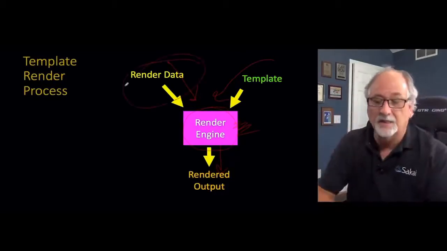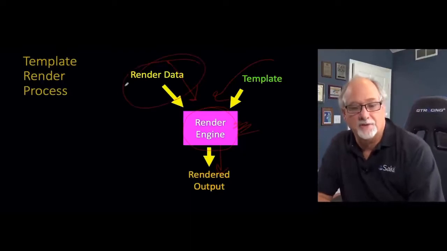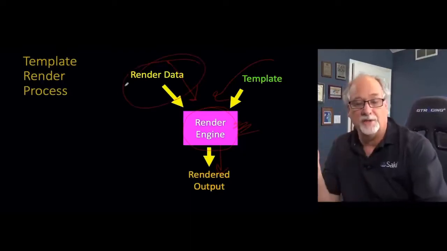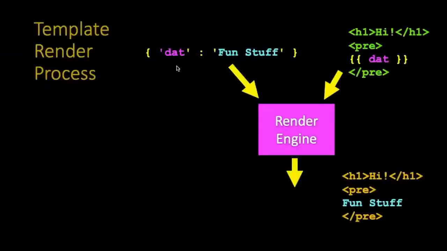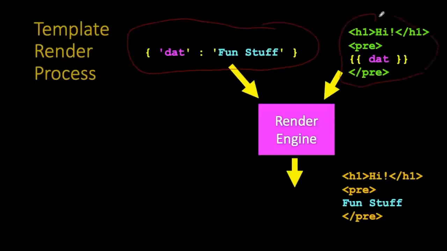Often the render data we're passing in comes from a model, for example. We might talk to a database, load up a bunch of rows, and then put them in. But in the simplest form, what we've got is a little dictionary. Call this the context; you could call it the render data. And then you have the render template. The render template is really HTML, and that's what makes it a lot easier to look at because you're not putting double quotes around anything.